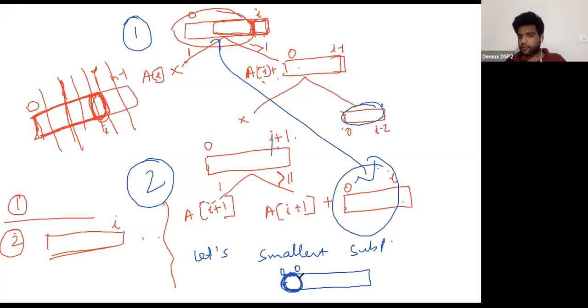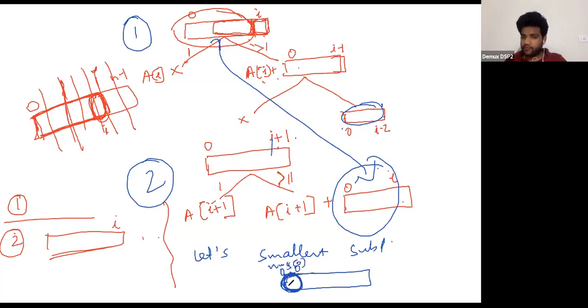So for this, what will be the answer? It will be nums of 0, because this is including 0. The problem is I want to find the length of the longest subarray ending at that index, including that index. So I am including 0, so it's nums of 0.